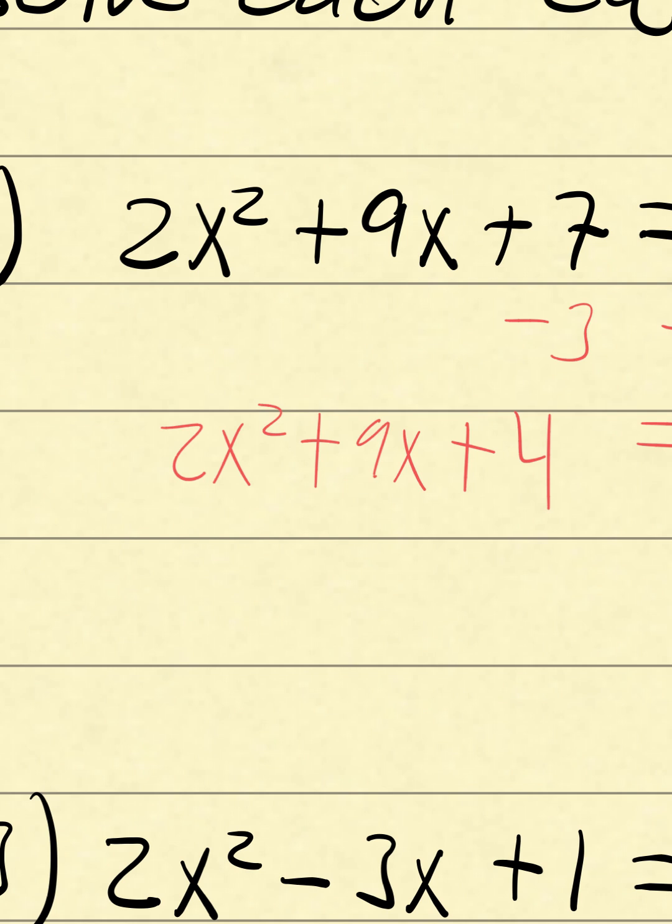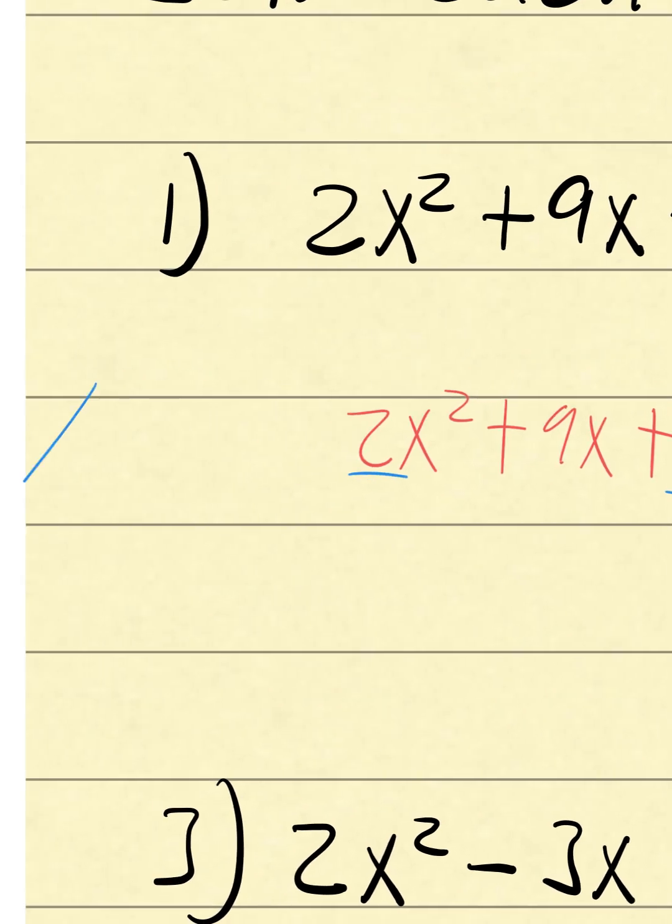We're checking what multiplies to 2 times 4, so 8, and what adds to the middle term 9, right? Which two factors? Should be 8 and 1, good.